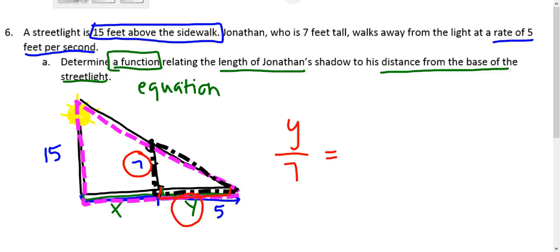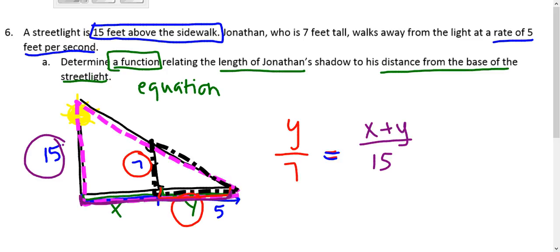Then in the larger triangle, we have this huge side, which is actually x plus y, over, comparing it to the side that it is related to, 15. To get this out of fractions, let's cross multiply since there's an equals in the middle. We have 15 times y equals 7x plus 7y.